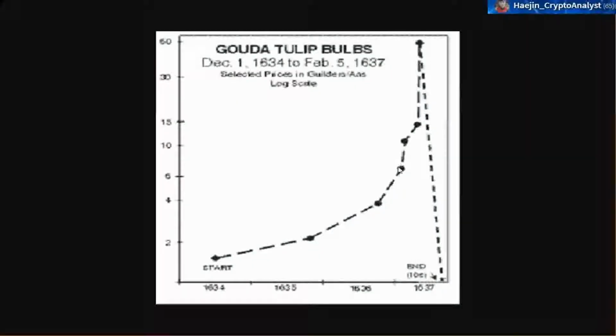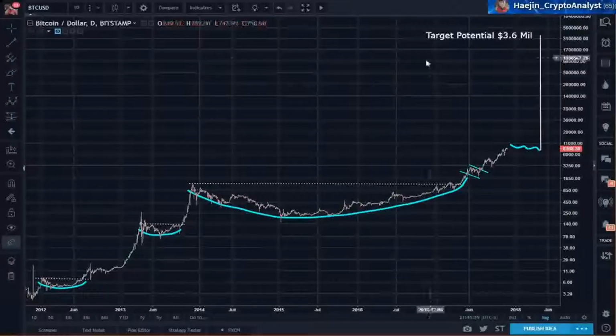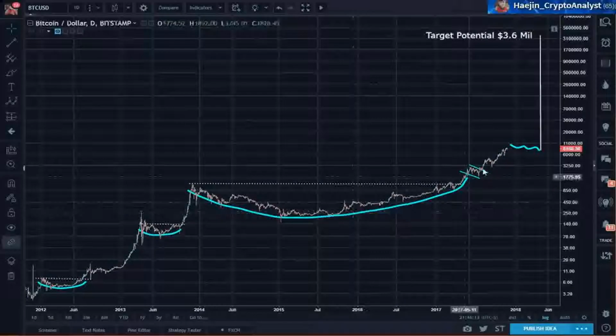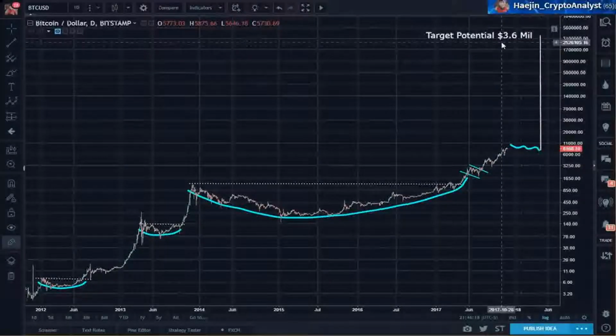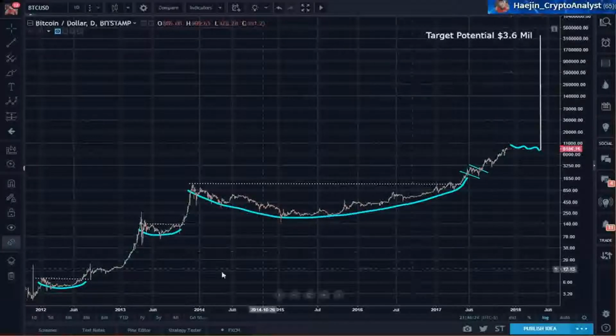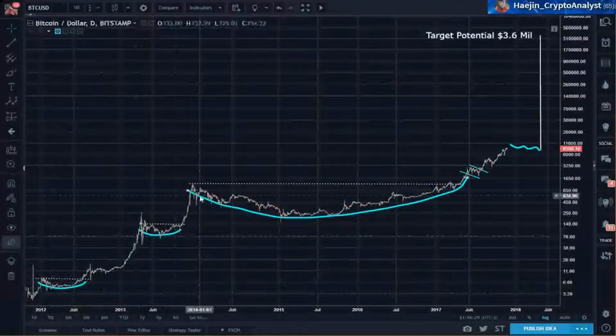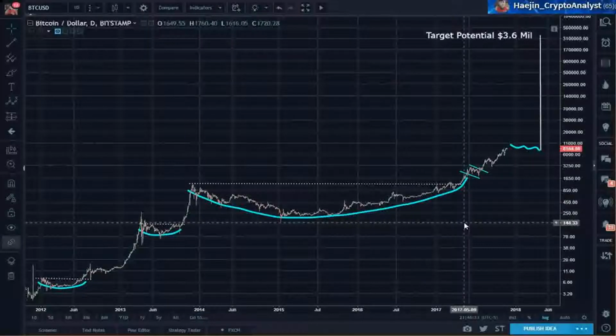Again, from here, forget these numbers for now. From here to wherever this may be for Bitcoin. We're going to see this, I think. Whether it'll go to $3.6 million or $30 million, I have not a freaking clue. I don't know about those specifics. I'm only trying right now to project a direction of the price pathway.